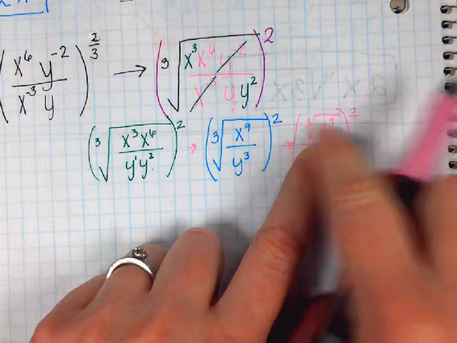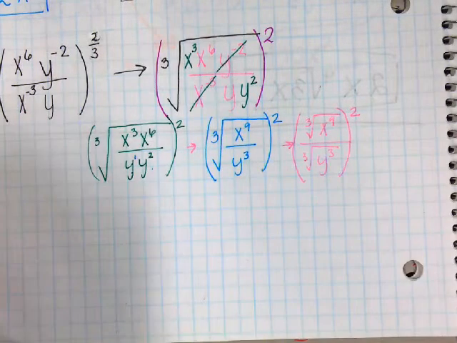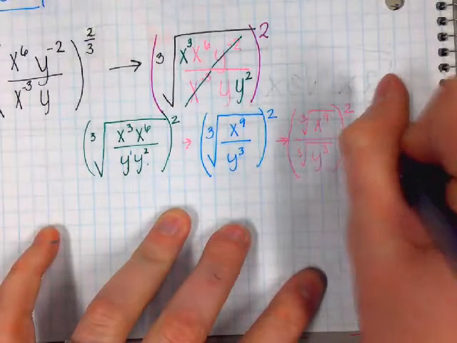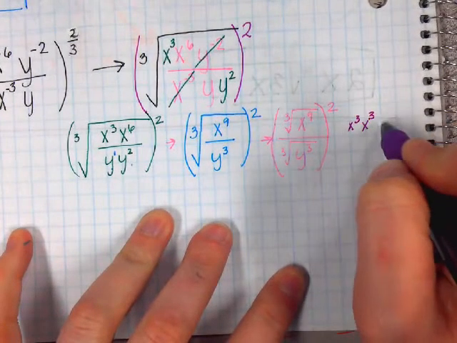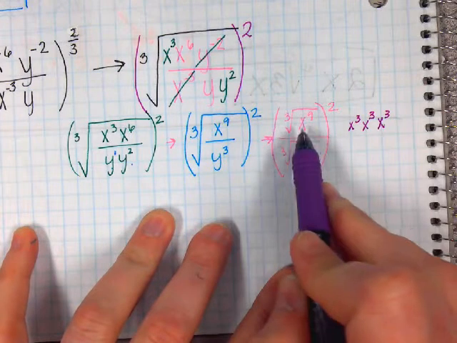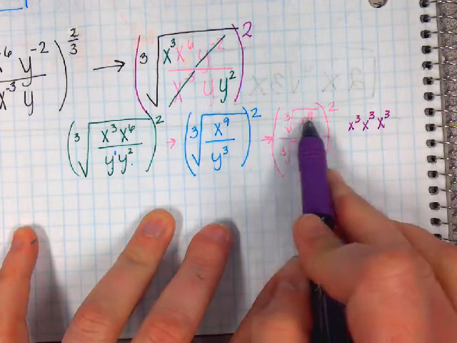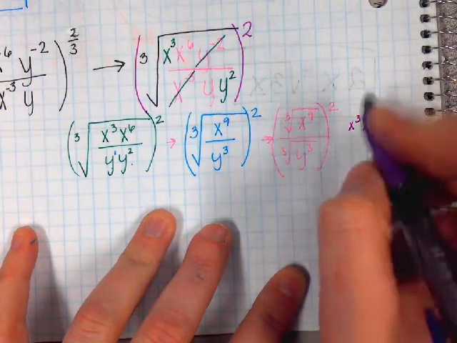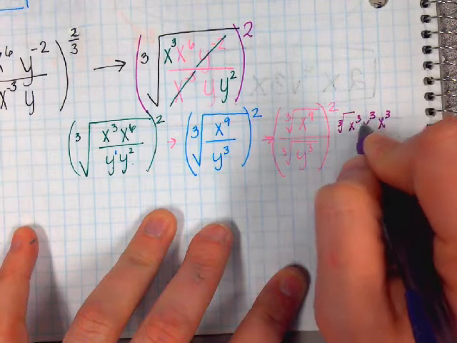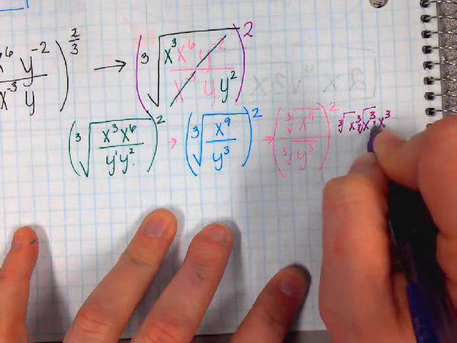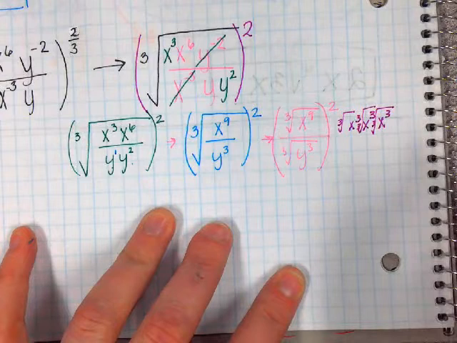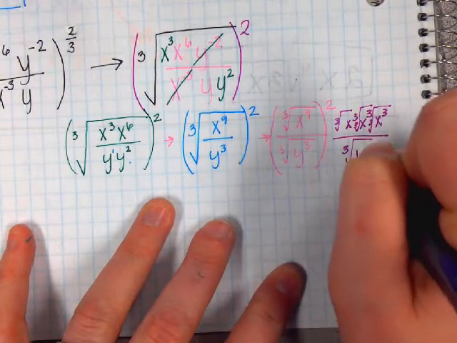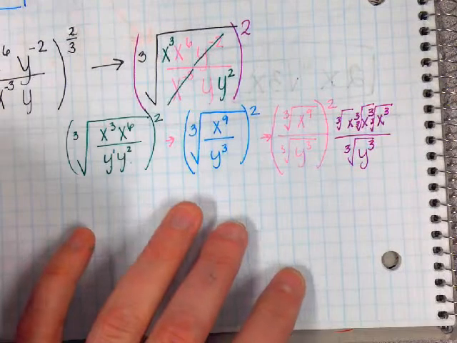If we just talk about the cube root of x to the 9th, we can rewrite x to the 9th as x cubed, x cubed, x cubed, because 9 goes into 3 times. So then again, I can do cube root. I wrote those really close together, I apologize. And then we have cube root of y cubed.